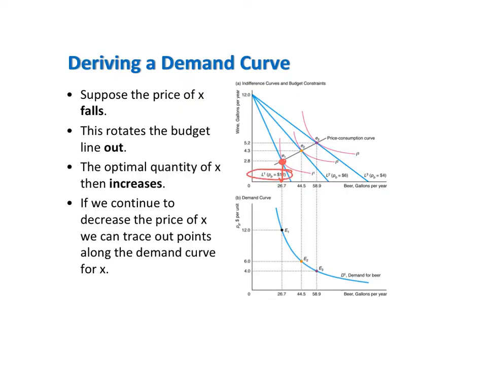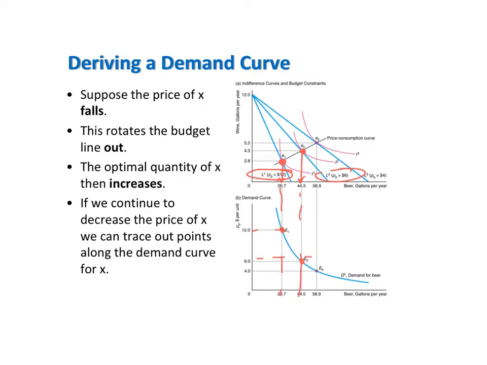Allow the price of the good to fall and see how the consumer responds by moving to a new utility maximizing bundle, and at that new bundle, noting the new quantity demanded. These 2 points can be represented on the demand curve for beer because each represents a certain combination of price and quantity.